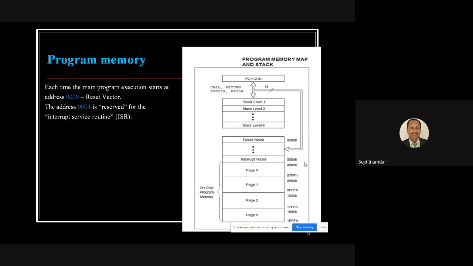So the concept of stack in the 8051 is also there, and you might have studied this in data structures in an earlier year. So stack is nothing but a buffer memory in which the instructions go one by one, first come first served.